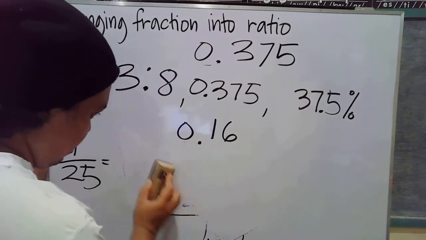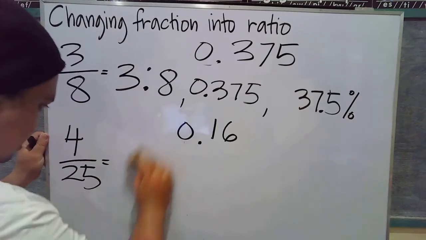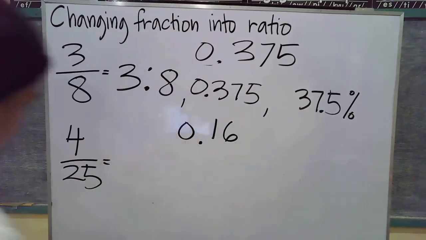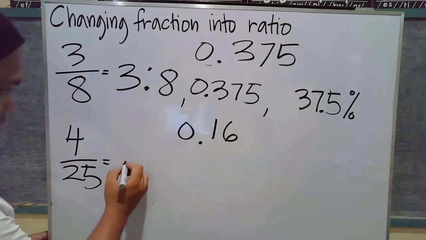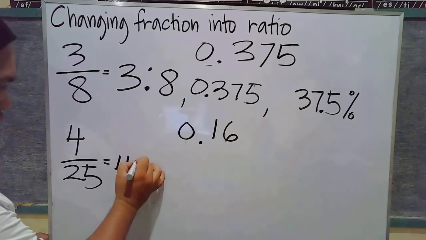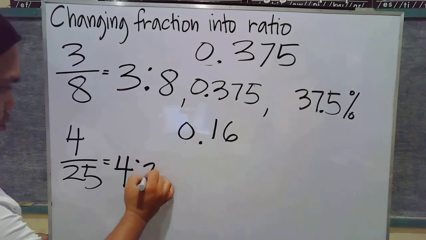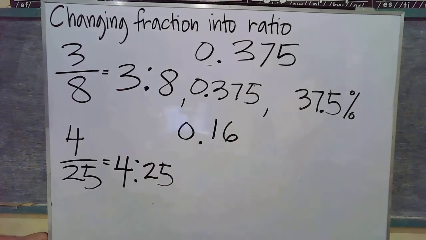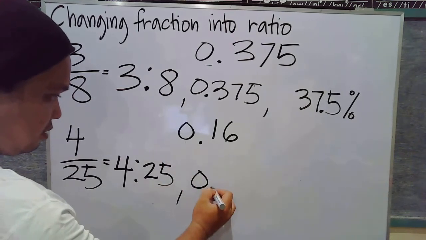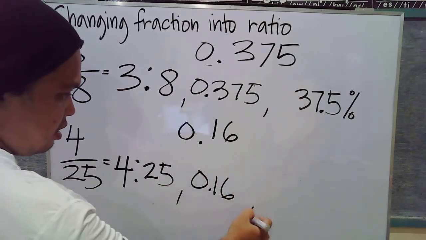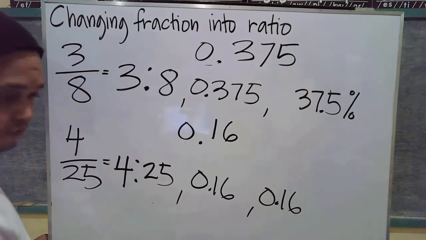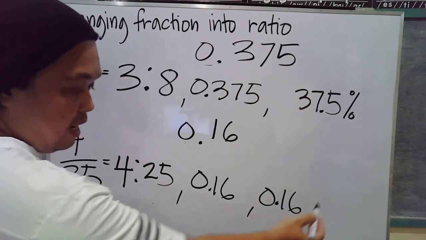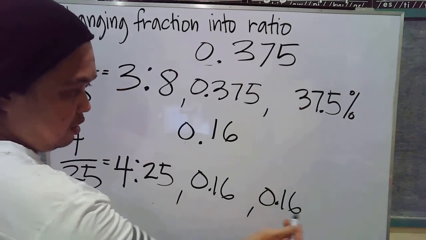And if we are going to give the other forms, let's give the ratio of 4/25, that is 4 is to 25. Okay, for the decimal number, that's 0.16. Now let's change 0.16 into percent. Okay. From the decimal point, 2 steps to the right, drop the decimal point and put the percent symbol.